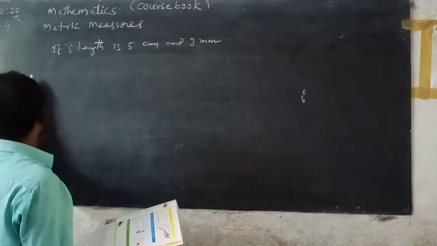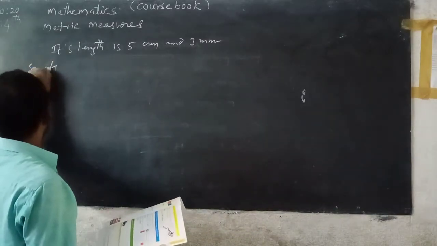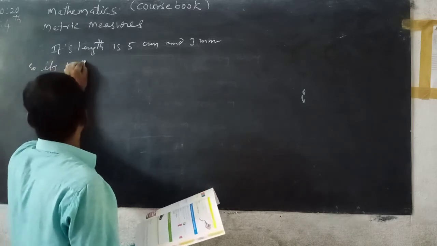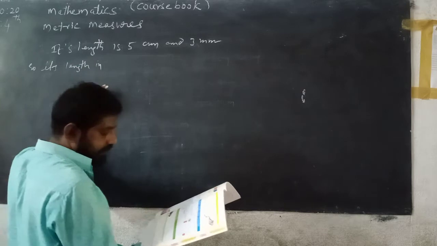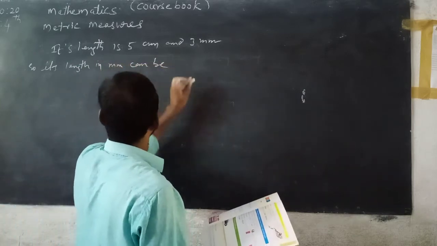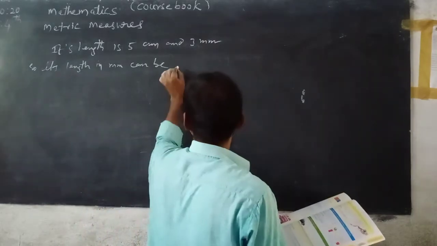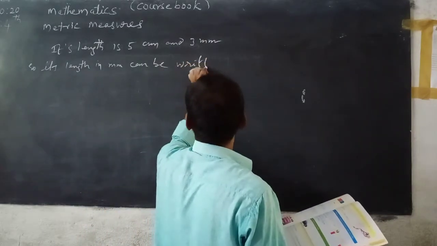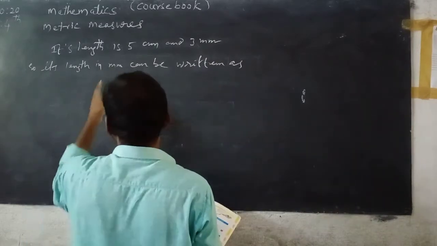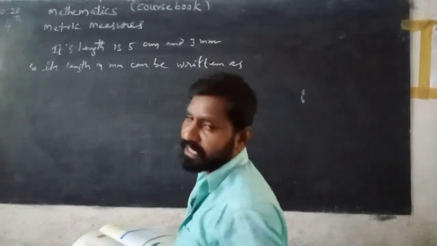So its length in millimeter can be written as follows. 1 centimeter is equals to 10 millimeter.